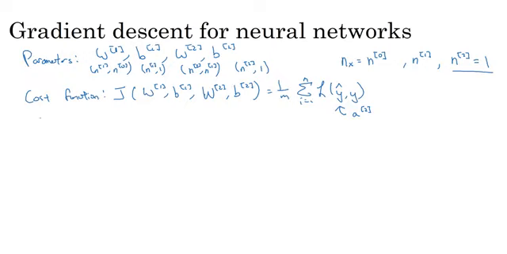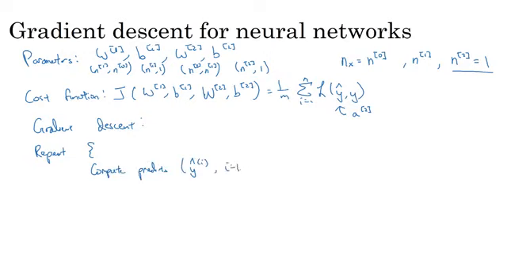To train the parameters of your algorithm, you need to perform gradient descent. When training a neural network, it's important to initialize the parameters randomly rather than to all zeros. We'll say later why that's the case. After initializing the parameters to something, each loop of gradient descent would compute the predictions, so you compute y hat i for i equals 1 through m, and then you need to compute the derivatives.